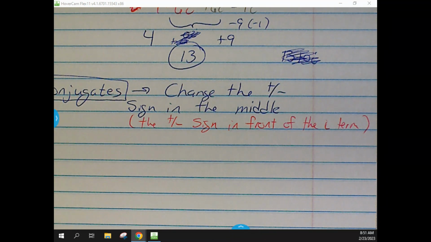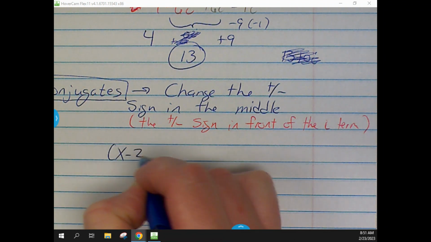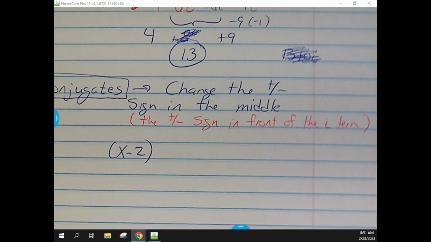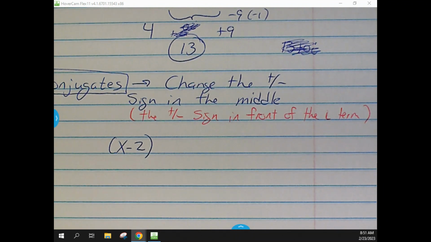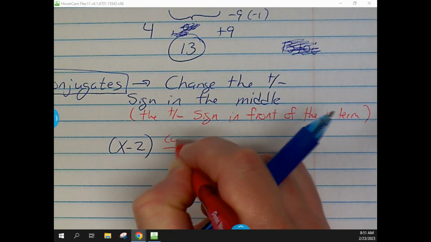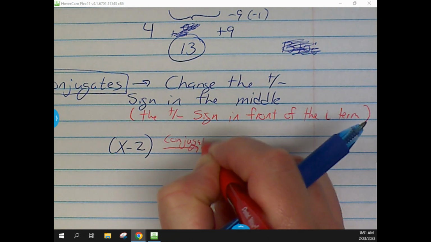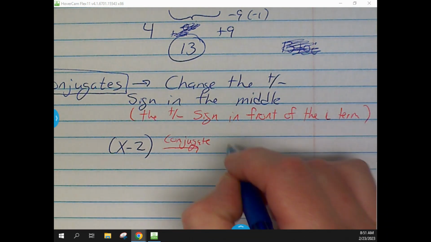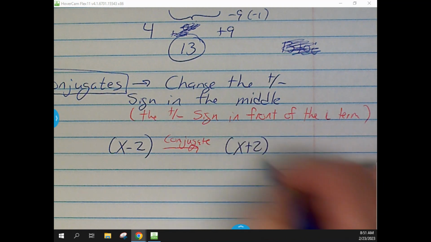And the big thing on that one is that if we weren't talking about imaginary numbers, if it was x minus 2 and they asked you to find the conjugate of it, then that would just be x plus 2.